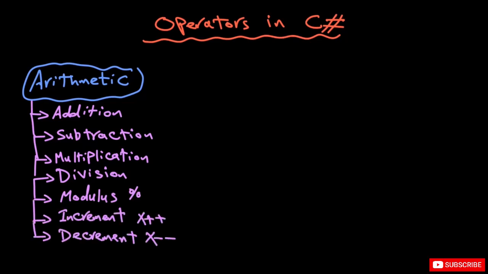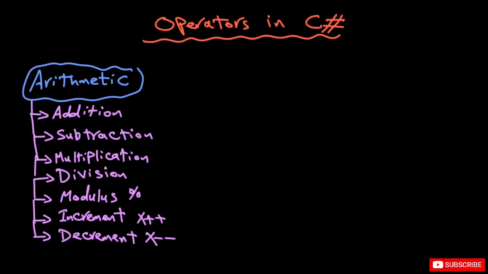These operators are used to perform mathematical operations such as addition by using the plus sign operator, subtraction by using the minus sign operator to subtract one value from another, multiplication to multiply two values or many values if you wish, division by using the slash operator to divide one value by another, and also modulus, or the remainder operator, to return the division remainder.